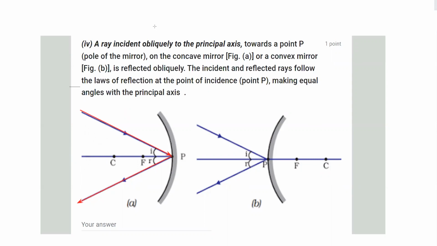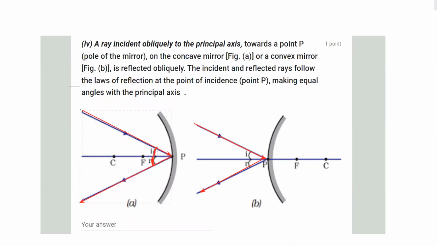As you can see, this is the angle of incidence. Here, the principal axis is acting as the normal, the line joining the center of curvature to the pole. And so is the case of the convex mirror. You can clearly see that as the angle of incidence decreases, the angle of reflection also decreases, and as we increase the angle of incidence, the angle of reflection also increases.